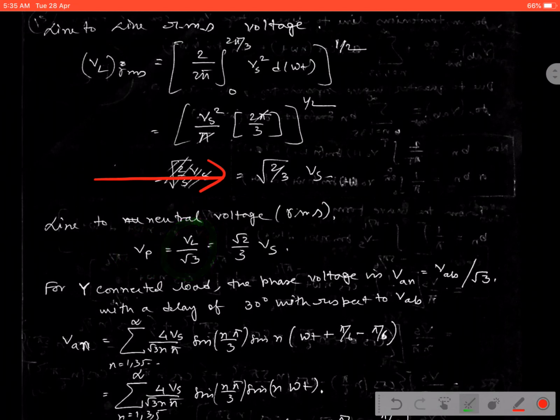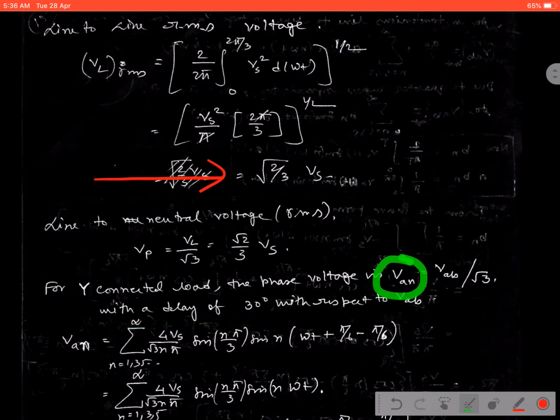That means root 3 by 3 Vs. For a star connected load, the phase voltage VAN equals VAB by root 3, with a delay of 30 degrees with respect to VAB.